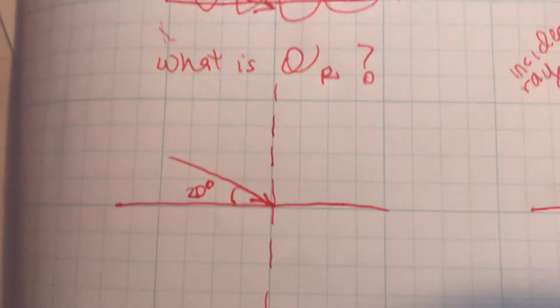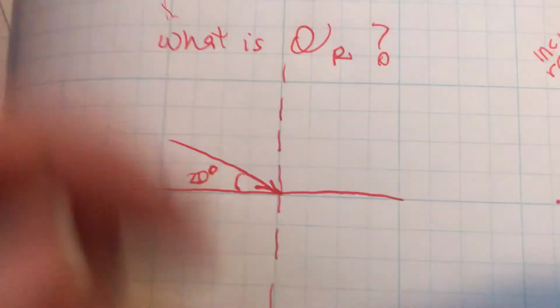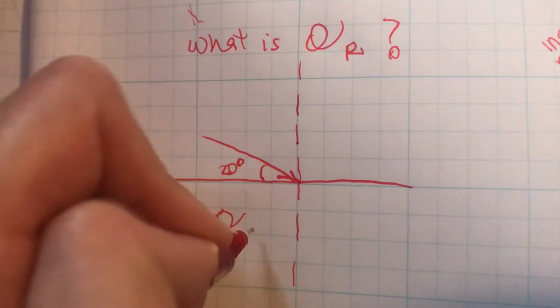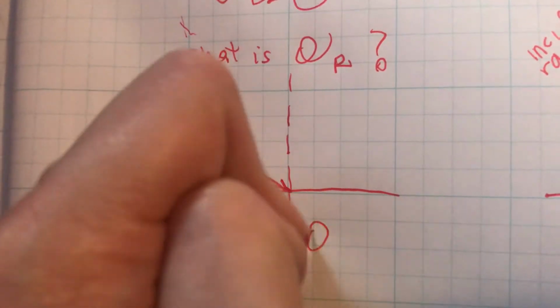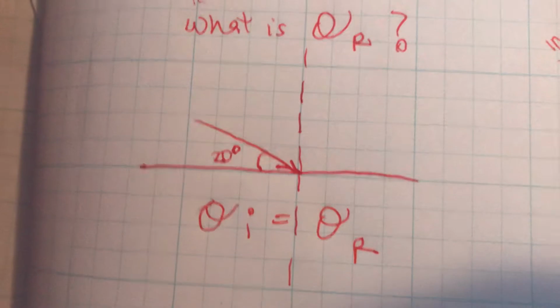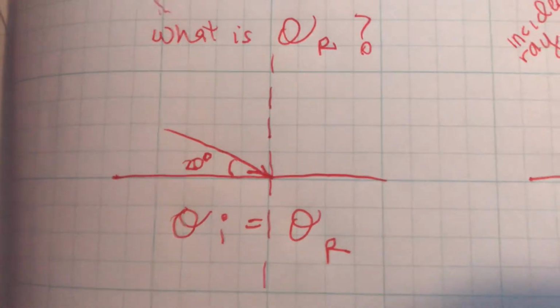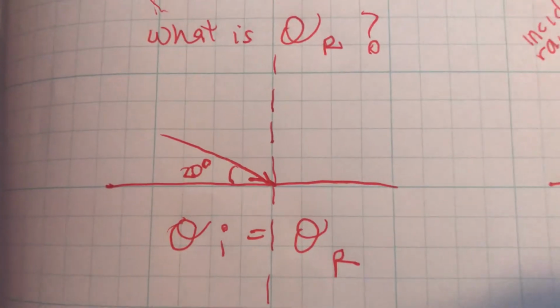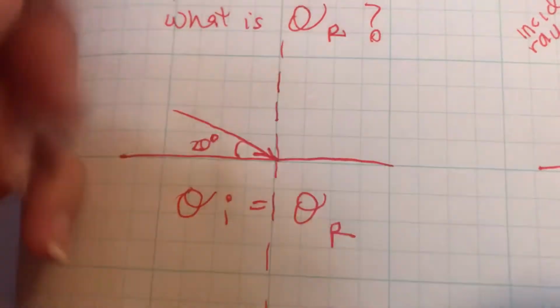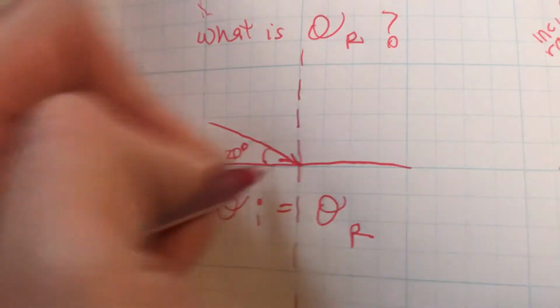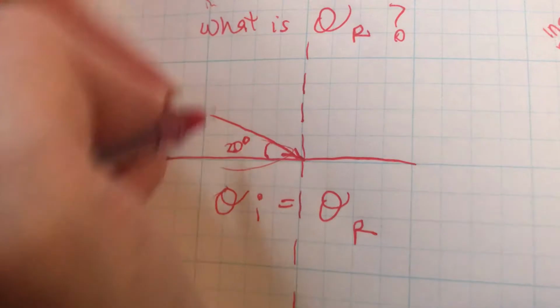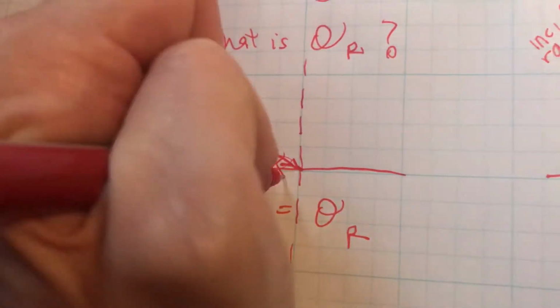Well, first of all, we know the law of reflection says that the angle of incidence equals the angle of reflection. So you might be saying to yourself, oh, 20 degrees. Well, it's definitely not 20 degrees, and the reason is our angle of incidence is not this angle right here. This is not the angle of interest at all.